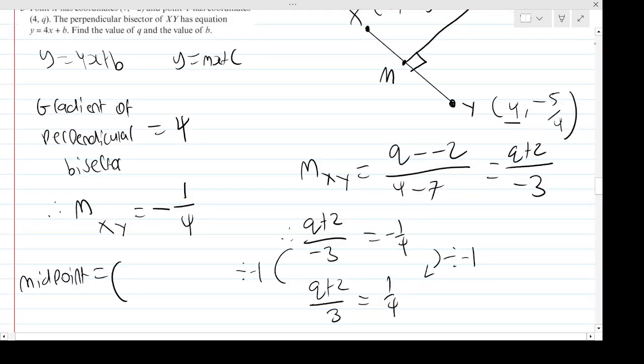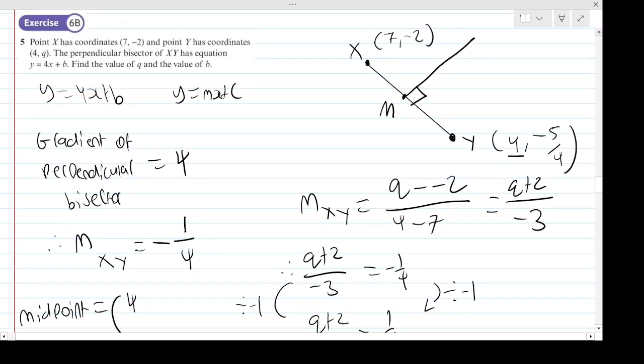So now we can work out the midpoint by doing the average of the x and the y coordinates. So let's add up the two x coordinates on x and y. So we have 4 plus the other x coordinate of 7, all over 2. Then we're going to do minus 5 over 4, add minus 2, all over 2.